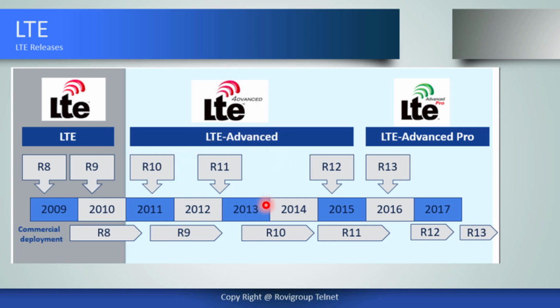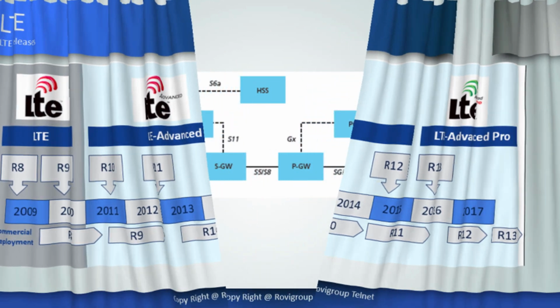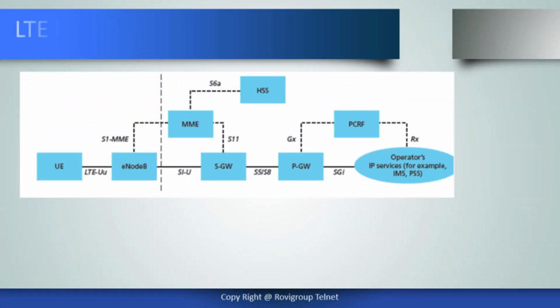With the passage of time, LTE has advanced into LTE Advanced, and the last release is R13, which is LTE Advanced Pro, which has better radio network features, and supports high modulation and enhanced MIMO.